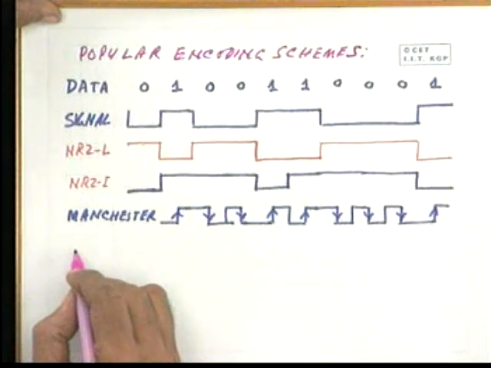There is another variation of this which is known as differential Manchester.